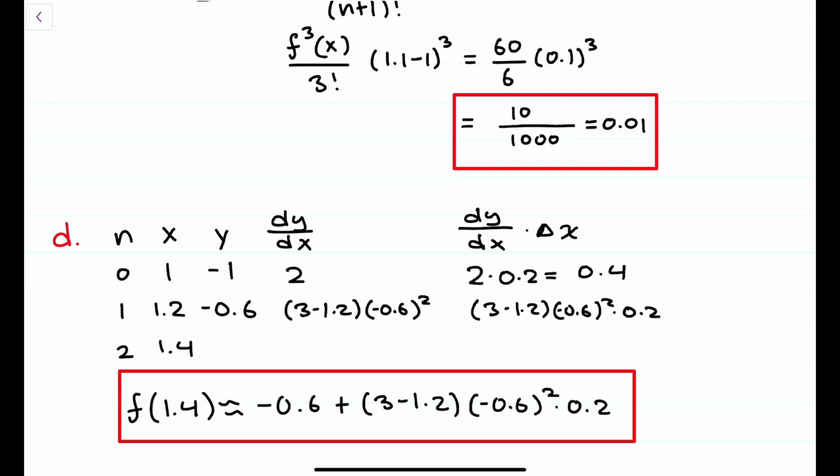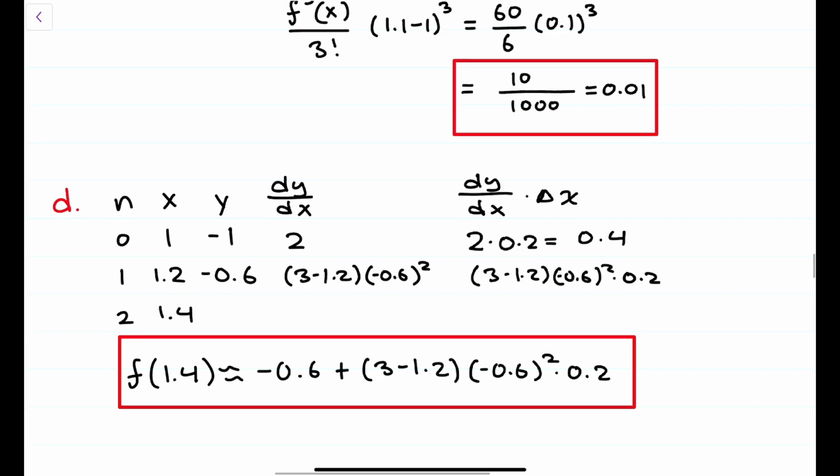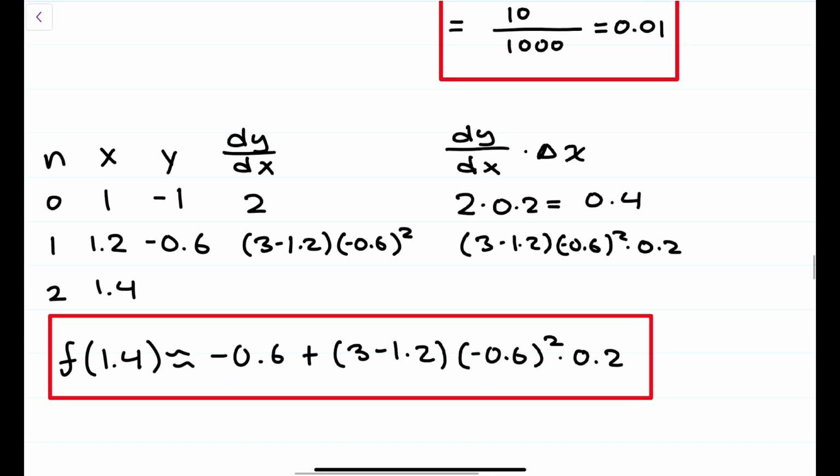And then we add 0.4 to our original y value of negative 1, and we get negative 0.6. And then we do the same thing again. We plug in 1.2 and negative 0.6 into dy by dx. And then for the next step, we multiply that by 0.2, and then we add it to negative 0.6, so negative 0.6 plus (3 minus 1.2) times (negative 0.6) squared times 0.2. That is approximately f of 1.4.